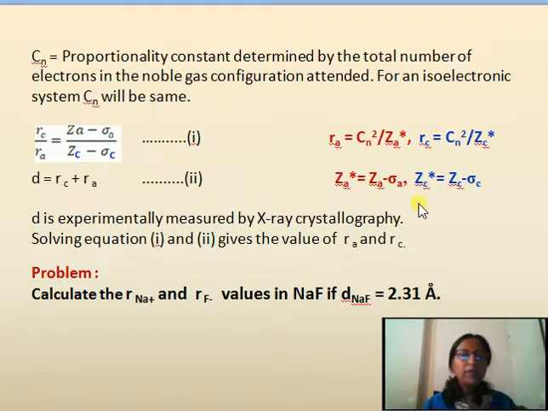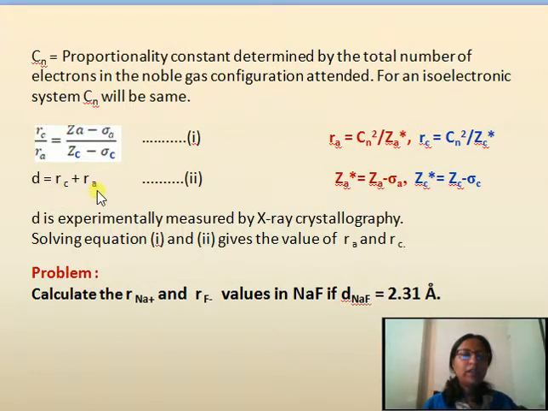We can calculate the Z star value for the cation and also for the anion, because using Slater's rule we can calculate the values of sigma A and sigma C. Then putting these values here we get the ratio Rc by Ra, and after putting this in the second equation, if we know the value of D, we can find the radius of the cation or anion.